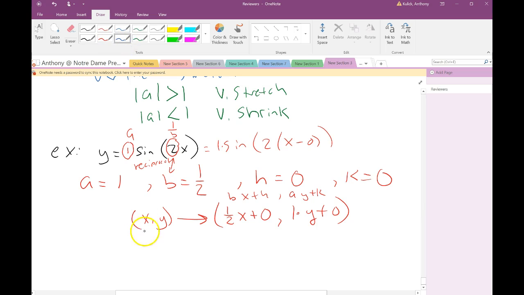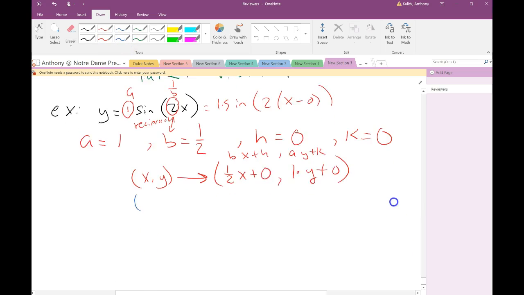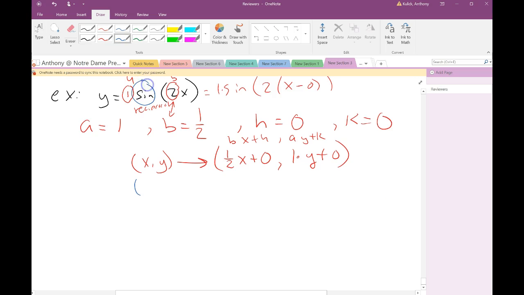And once I have this map, I'm going to take the key points for sine and plug them into my map.